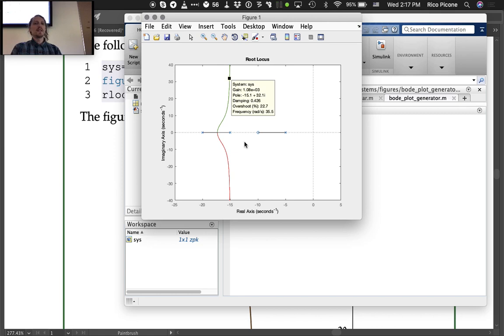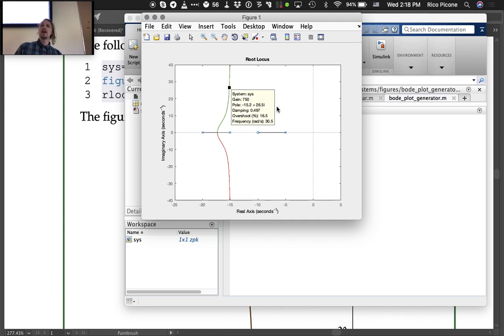So let's interpret this for just a moment. I hope you guys can see that okay. I know the font's kind of small. I don't know of any way to make it bigger. This data cursor has the ability, if you just use up and down arrows, to move along from one point to the next. What you see here, the first row is the gain.